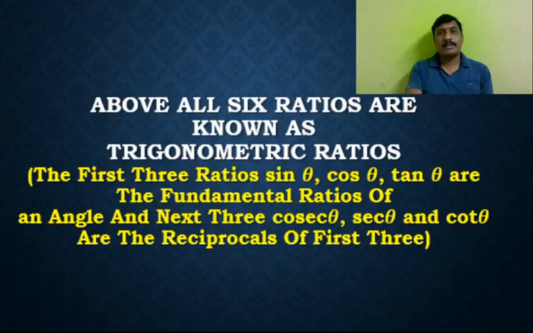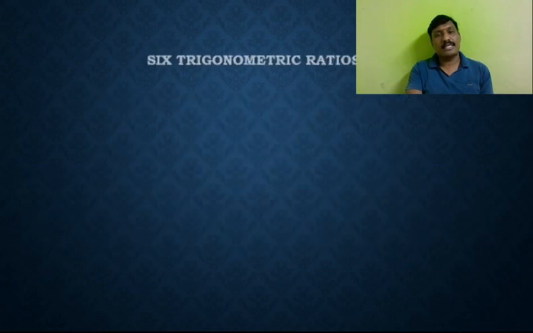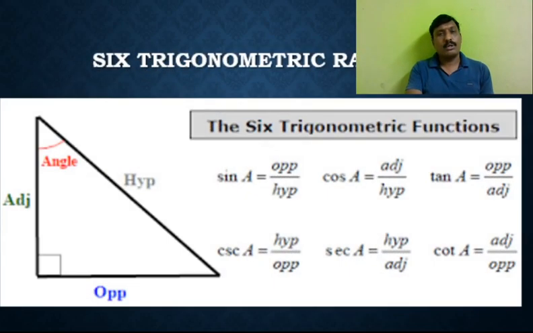So cosec is the ratio hypotenuse by opposite. Better if you remember the first three, automatically you will get the next three, but remember all six. Now sec A, secant A, is hypotenuse by adjacent. If I take 1 by cos A, you get sec A. Cot A is side adjacent to angle A by side opposite to angle A.